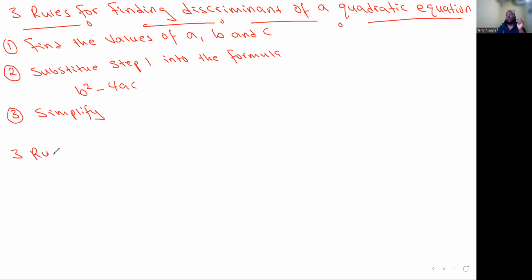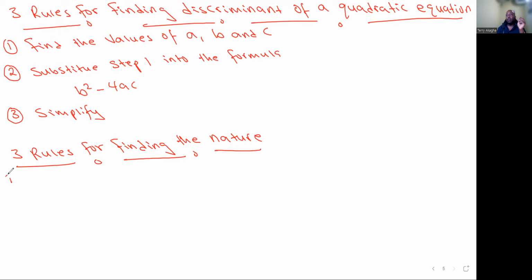So the 3 rules for finding the nature. If the question is asking you to find the nature, the first one, like finding the discriminant, is the same thing. Number 1, you find the values of a, b, and c.